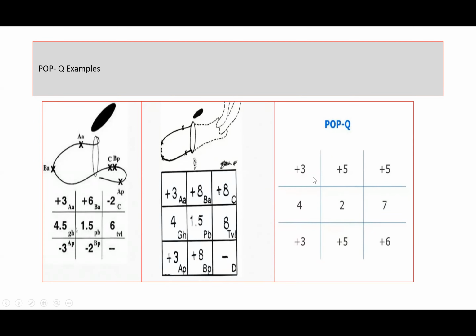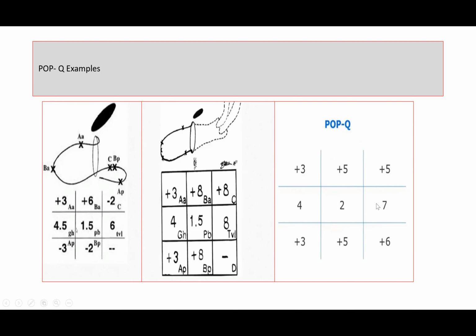Now, there is no value given here, but we know this is AA, this is BA, this is anterior vaginal wall. So AA, BA, this is the cervix, and this is AP, BP, this is the posterior vaginal wall, and this is the D. So if D is there, it means there is uterus, okay?